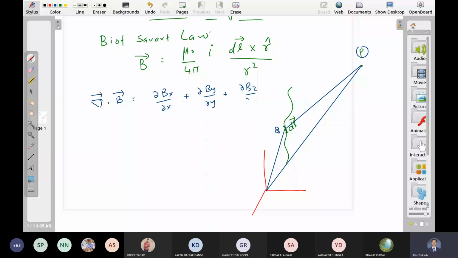Whose displacement is it here? Sir, point P. It's point P. So I need to give some names to them, then only I can differentiate, right?